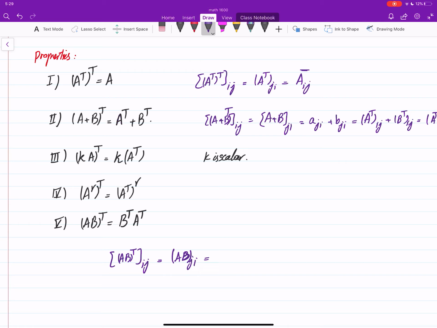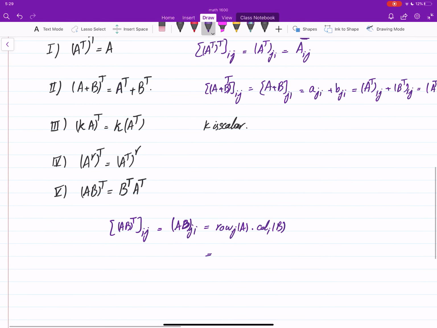But the ji entry of the product is row j of A dot column i of B. We know that row j of A is the same thing as column j of A transpose, and column i of B is row i of B transpose.